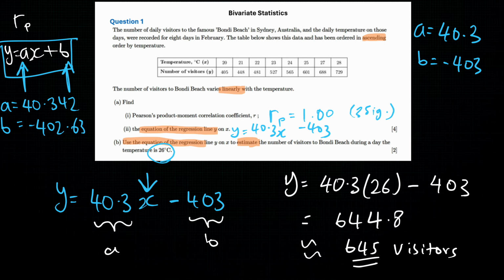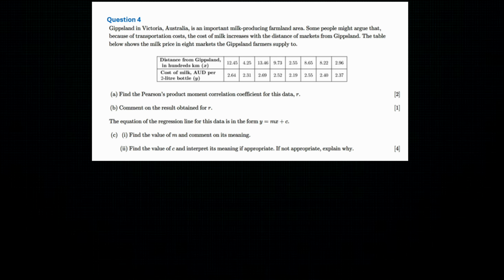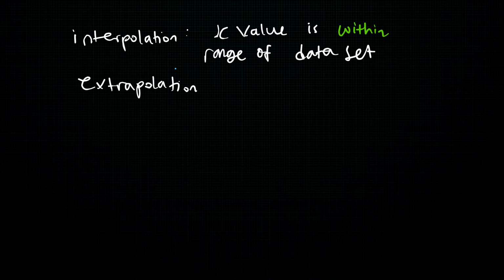This is the key part. For example, in the question we just did, our x value was 26 degrees Celsius. When it's within the data set, it doesn't mean we need to have 26 as part of the data. But as you can see, the data ranges from 20 all the way to a maximum of 28. As 26 is part of this, it is within the data set. So it is interpolated. The x value is part of the range of the data set.